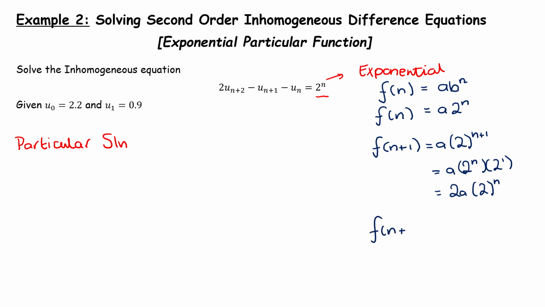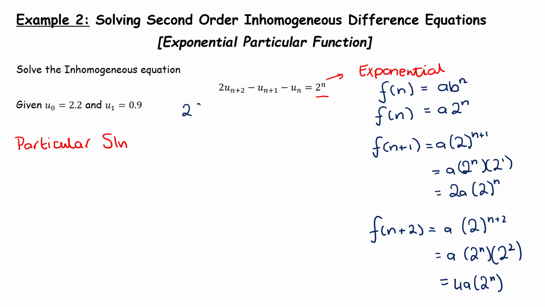And f of n plus 2 can be broken up in the same way. So A times 2 to the power of n plus 2, which is going to be A times 2 to the power of n, 2 to the power of 2. So that's going to give us 4A times 2 to the power of n. So where we come along here, this is going to be 2 f of n plus 2, minus f of n plus 1, minus f of n, equals 2 to the power of n.